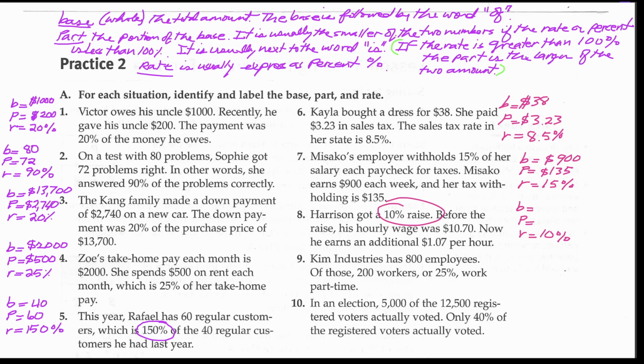That is telling you that the larger number is going to be the whole, or the base. Before the raise, his hourly wage was $10.70. So that is going to be the base. Now he earns an additional $1.07 per hour. That is going to be the part.